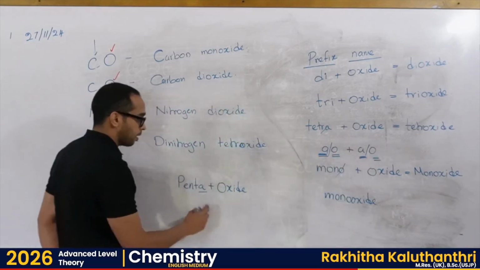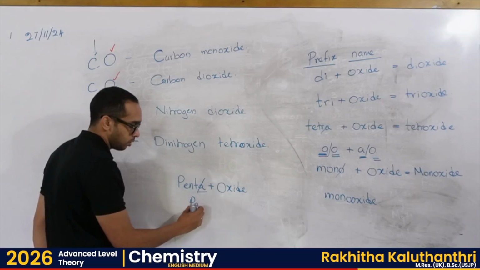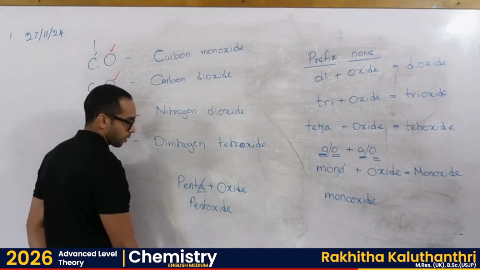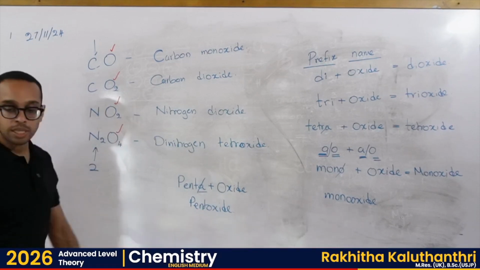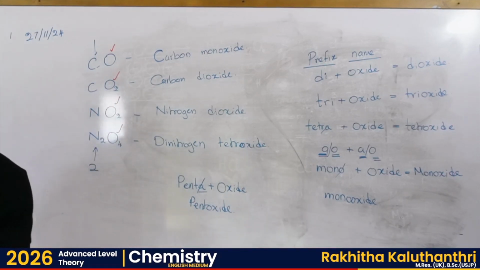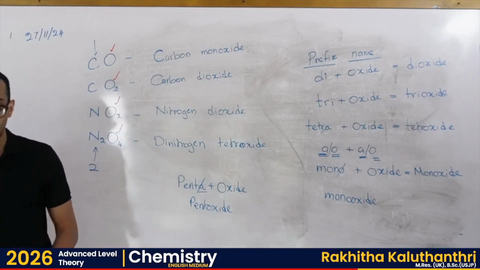Here also we cancel off A, so the name changes to pentoxide. These are some examples. You will come across these examples a bit later as well, so these are some examples you need to be familiar with.